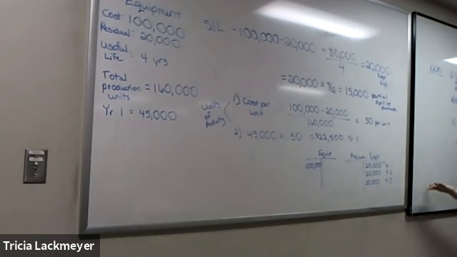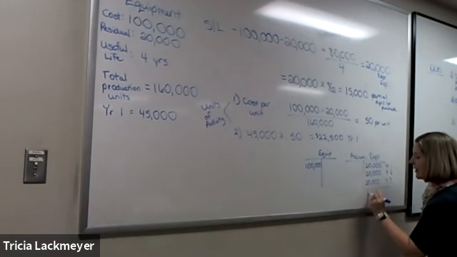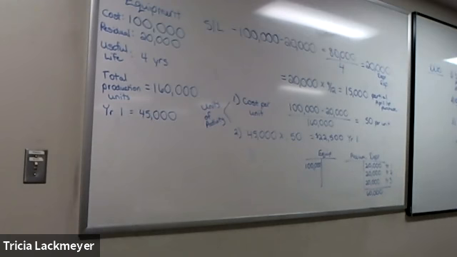Say we're at the end of year 3 or the beginning of year 4. So we've depreciated this a total of $60,000, right? So when I'm getting rid of this, the first thing I need to look at is my book value.